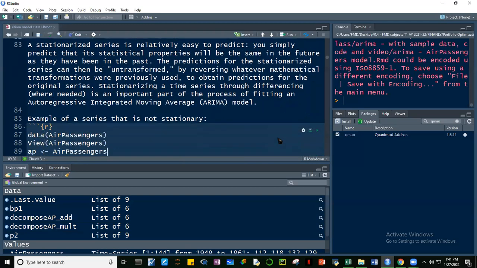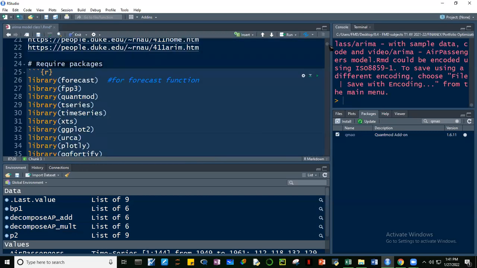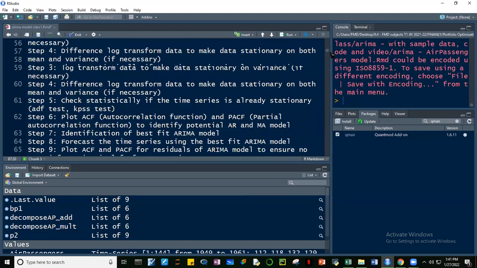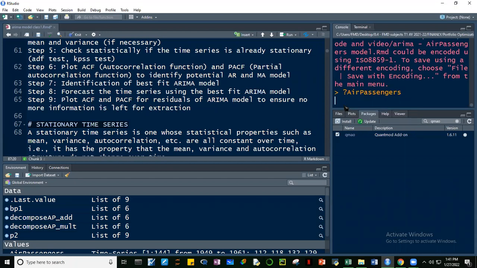Okay, so mag-example muna tayo, no? So we will use the data from, saan ba nanggaling tong data na to? I think it's the air passengers data.